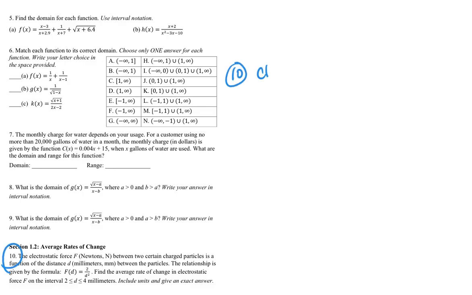So I want to do the change in force over the change in distance. So remember, an average rate of change is always change in the dependent variable over change in the independent variable. We might think of it like slope, like rise over run, change in y over change in x.